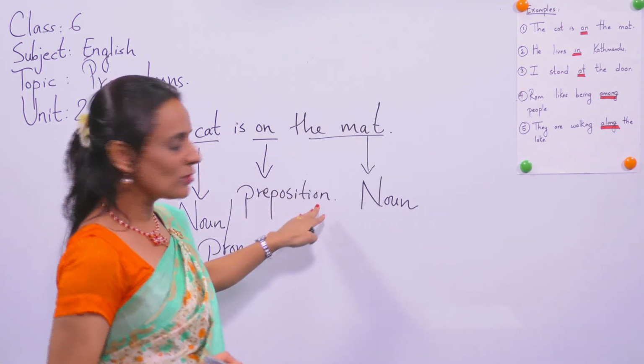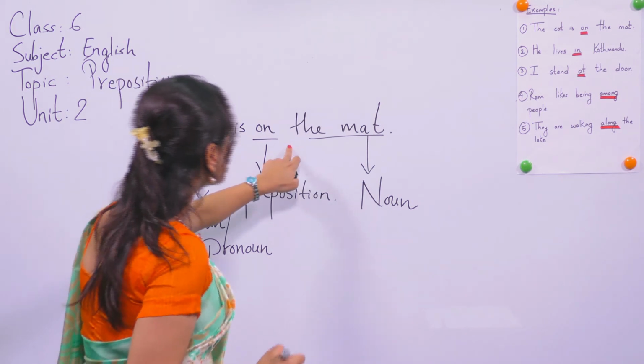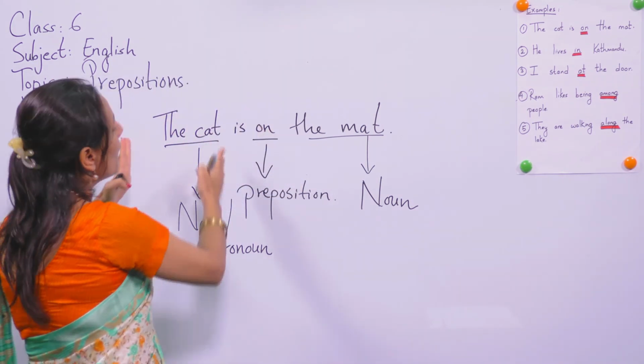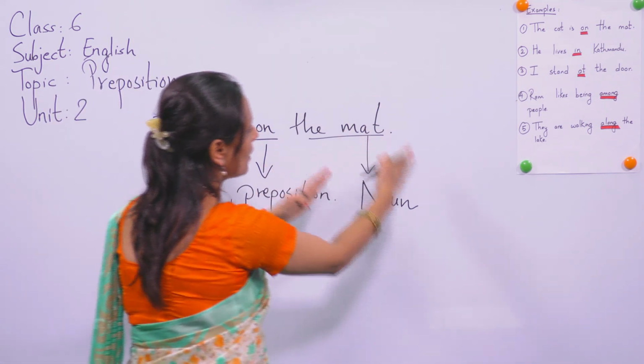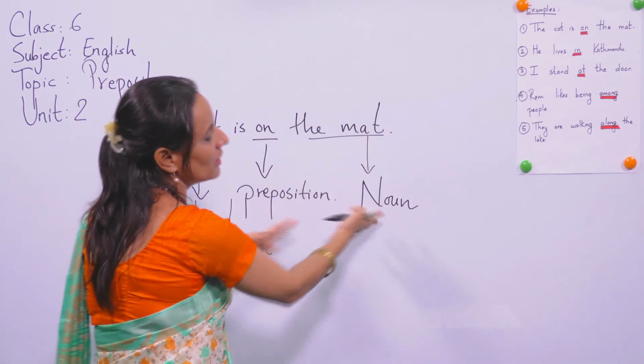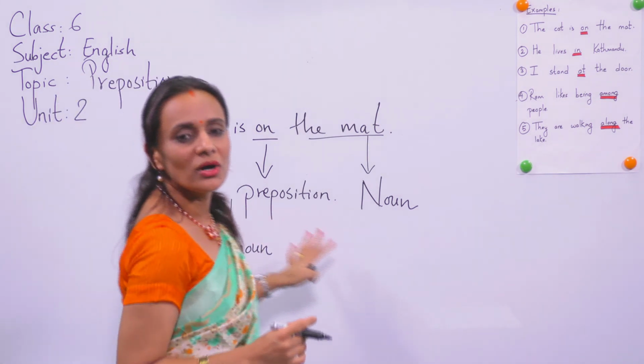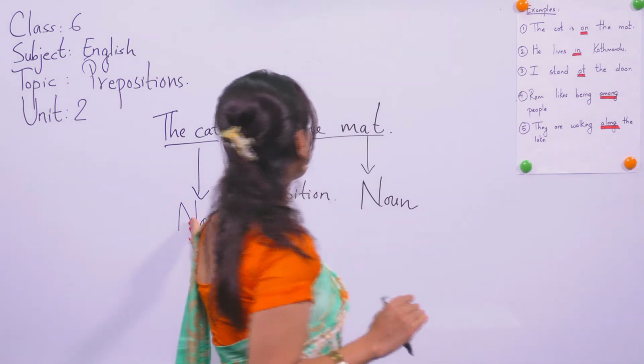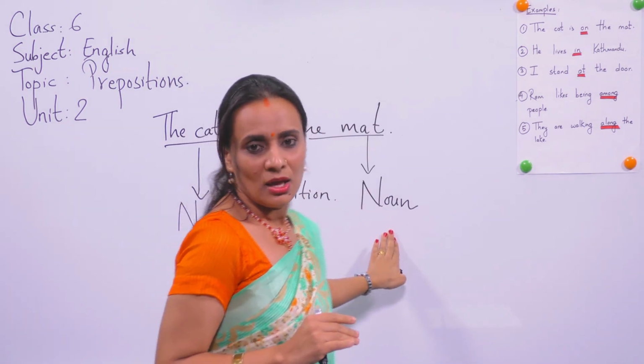So, what does the preposition do here? The preposition is showing the relationship between the noun or the pronoun in the sentence. So the function of a preposition is to show the relationship between the noun or the pronoun in the sentence.